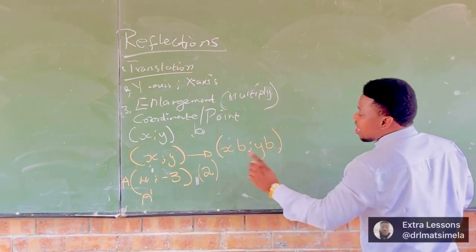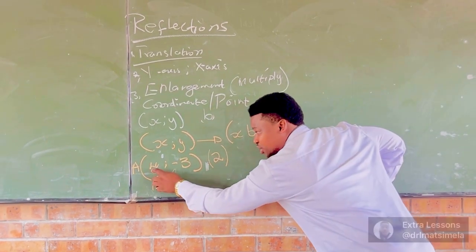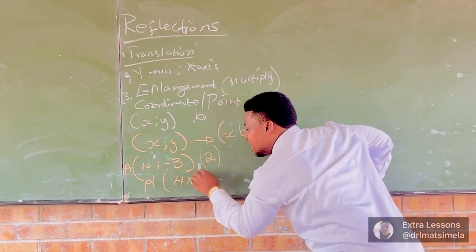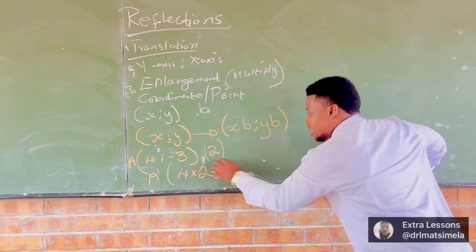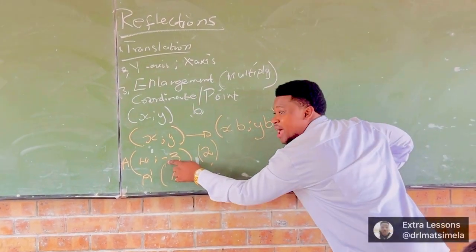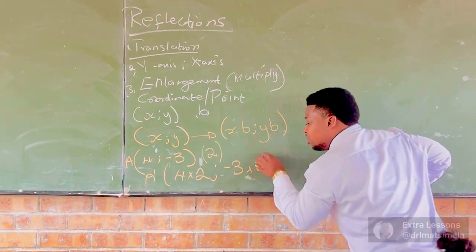Then we will say A1 is, and the formula will say the x value which is 4, we have to multiply by the factor which is 2. And the y value which is minus 3, we have to multiply by the factor which is 2.